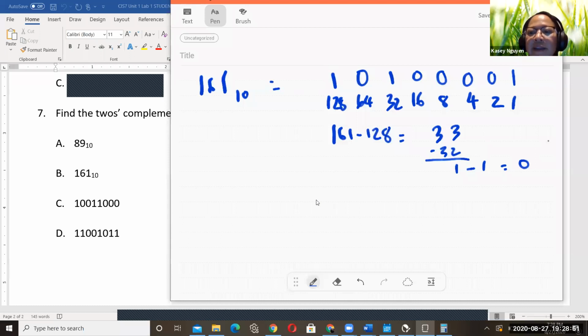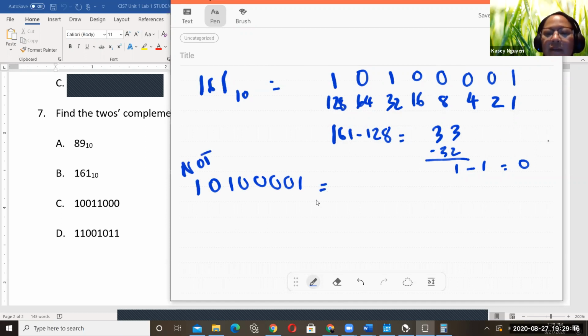So here's your binary value: 1 0 1 0 0 0 0 1. And that is the positive, equivalent to 161 right now. But we want to find the 2's complement of that. So the next step is to not it. The first 1 becomes a 0.